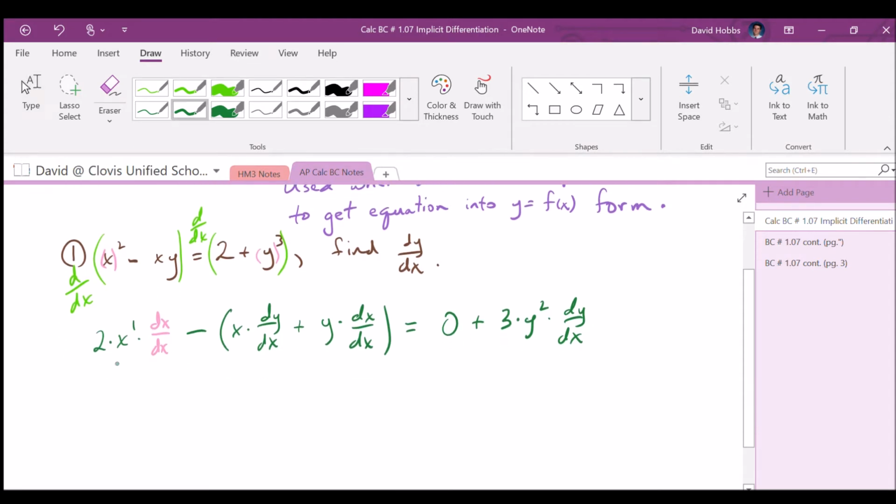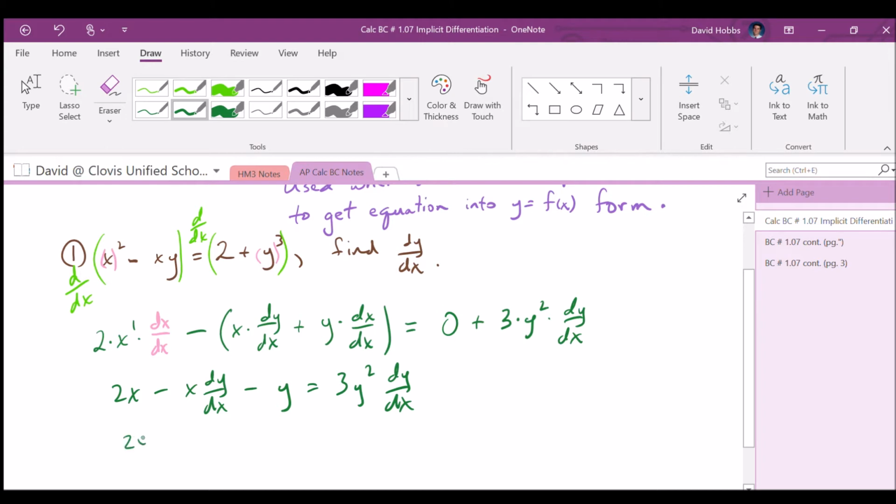Now dx over dx is 1, so I have 2x minus x dy dx minus y equals 3y squared dy dx. Okay, now we need to get the dy dx's together, and I would say let's move them to the right hand side.